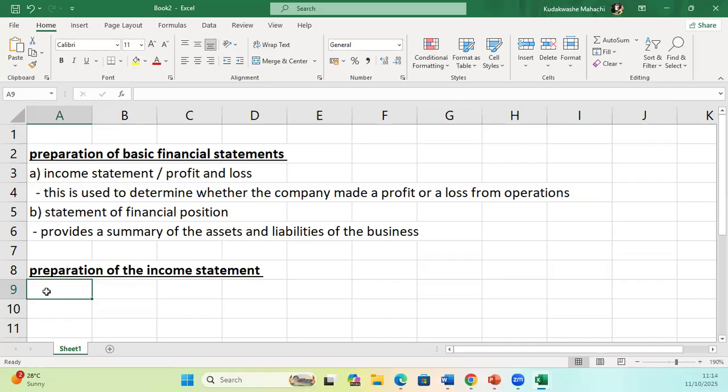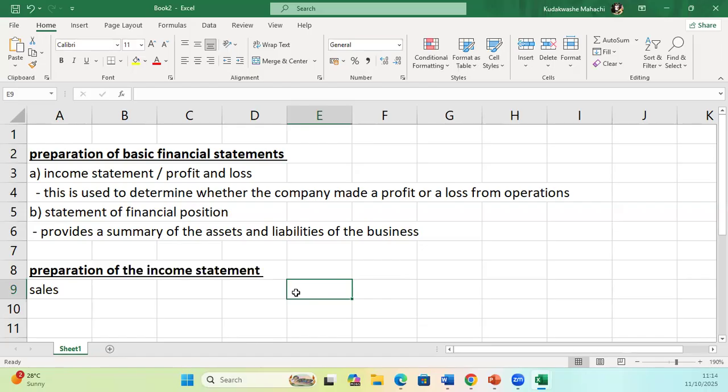The income statement or the profit and loss starts with the sales. The sales are the goods we have sold from our normal day-to-day activities.